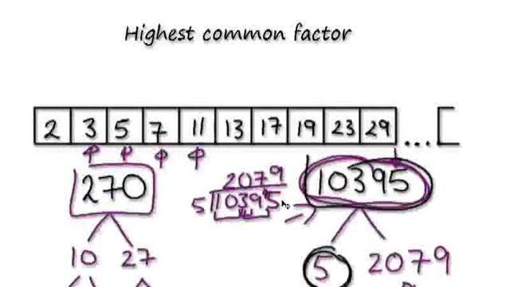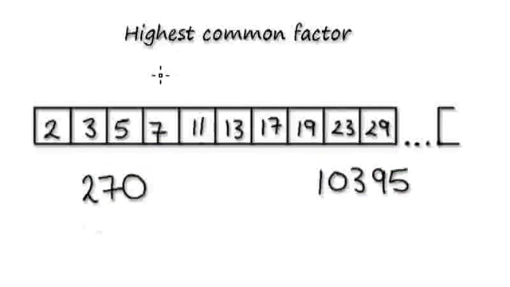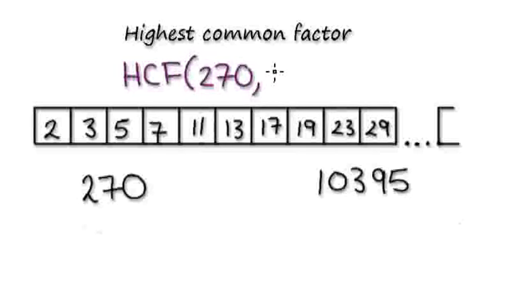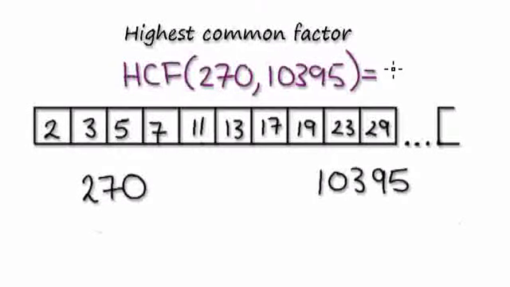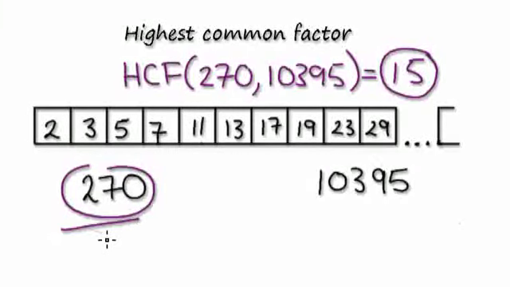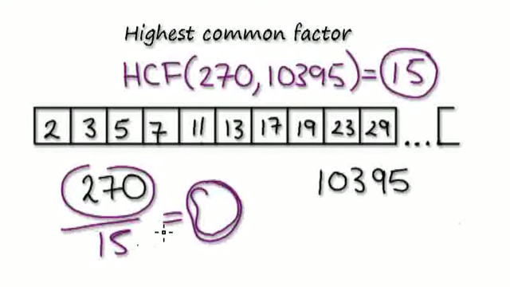So we can write the highest common factor of 270 and 10395 equals 15, because 15 is the highest common factor. If you get this number divided by 15, that will give you a whole number, so 15 is a factor.